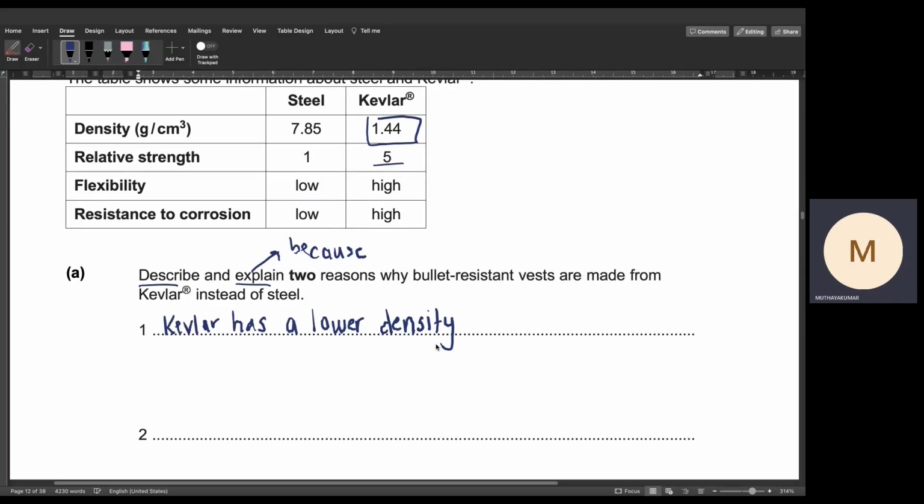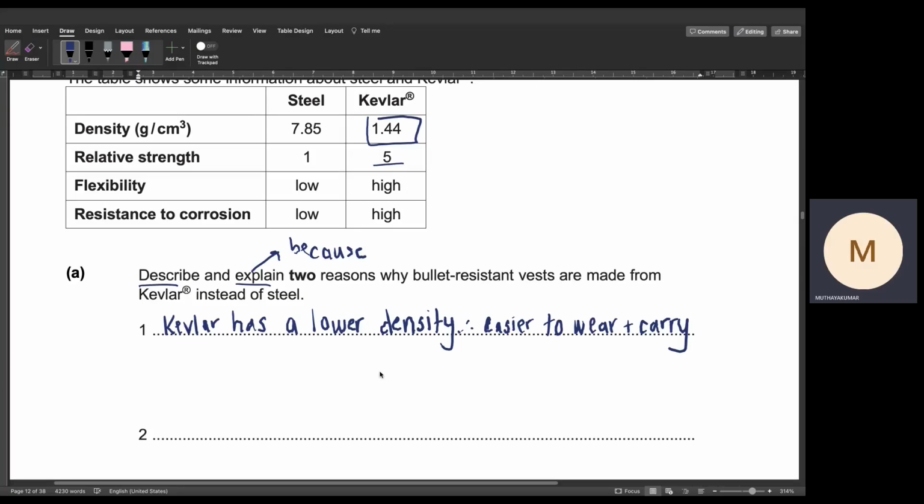So I'm going to pick density. Kevlar has a lower density. So this is my description. My explanation as to why bullet-resistant vests should therefore be made from something that has a lower density: it will be easier for the police person to wear, to carry. My second reason, I'm going to pick the strength.